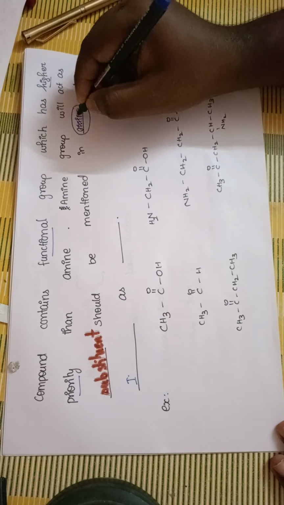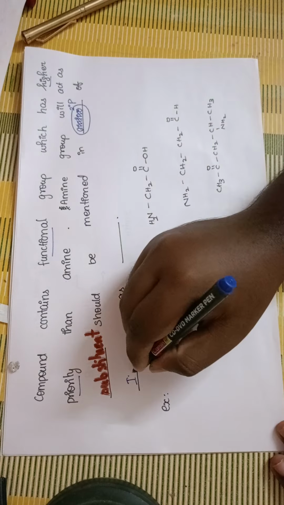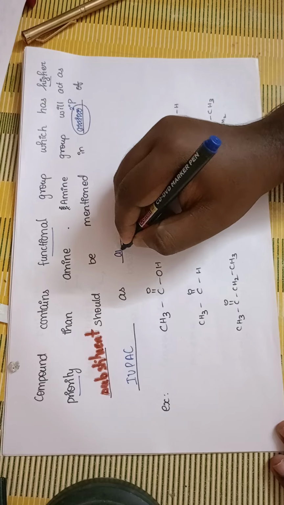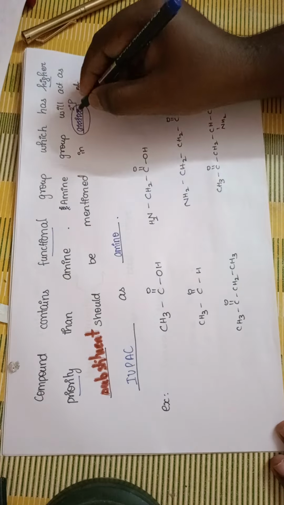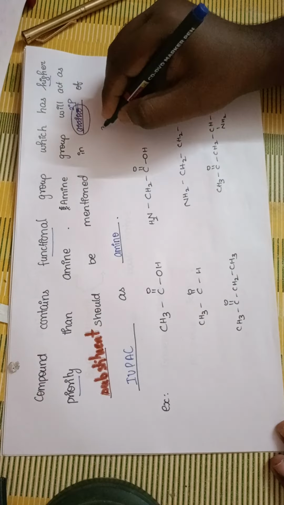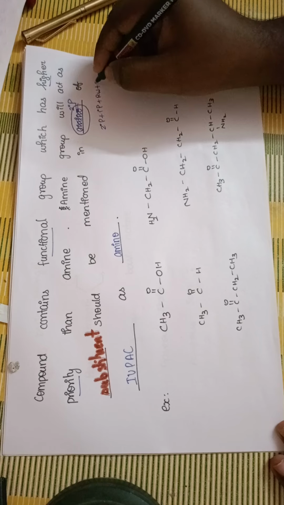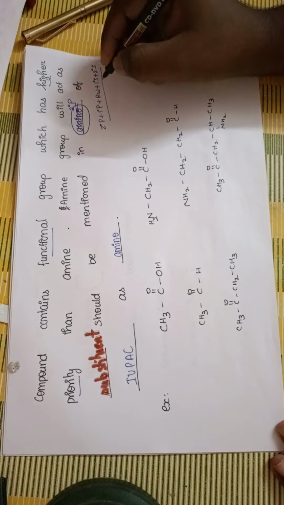It should be mentioned in the secondary prefix of the IUPAC name as amino. We know very well: secondary prefix plus primary prefix plus root word plus primary suffix plus secondary suffix. This is the full format, right?